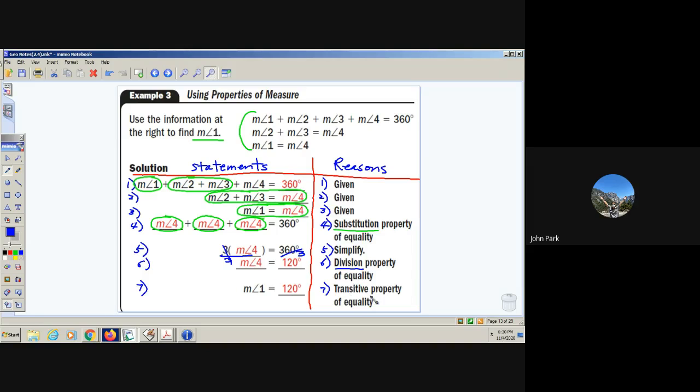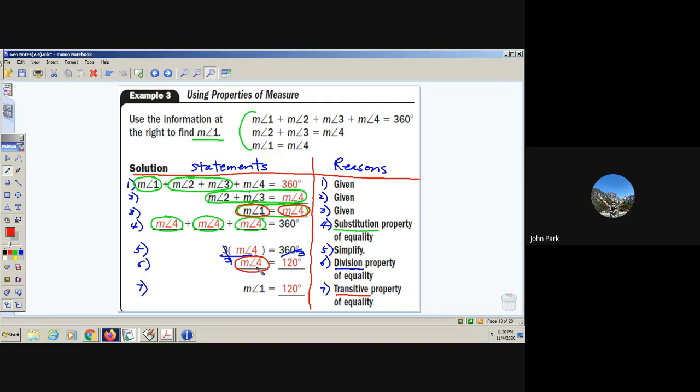Now, this is where you could use transitive property, or you could also use substitution, because if you look at measurement of angle 4 and measurement of 120, right, if you're using transitive property, the measurement of angle 4 is here, but then we know that the measurement of angle 4 is also equal to measurement of angle 1, right?